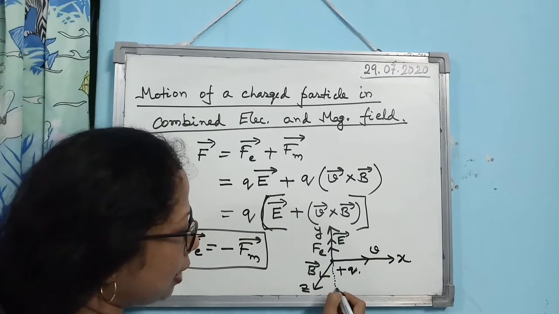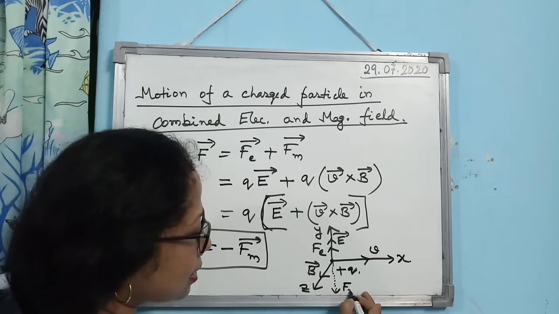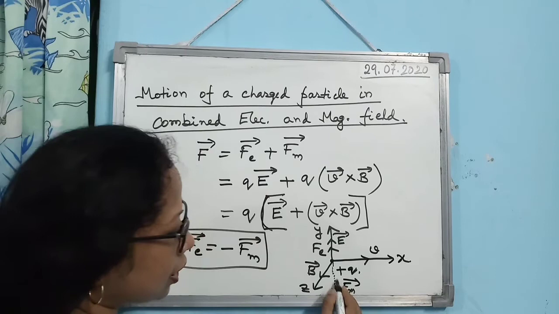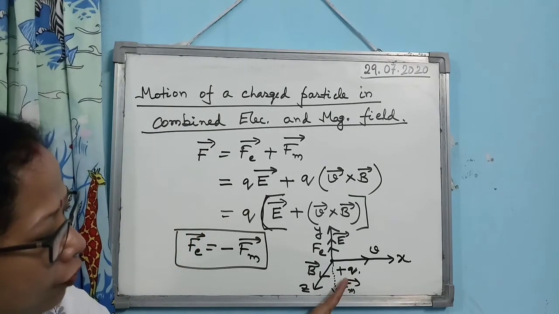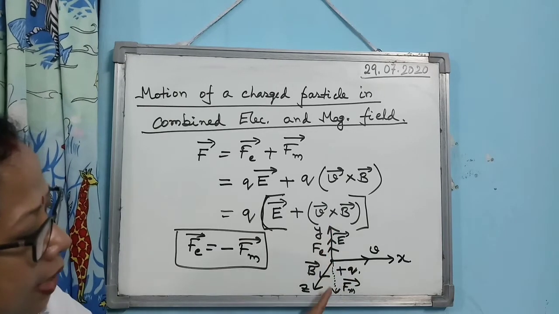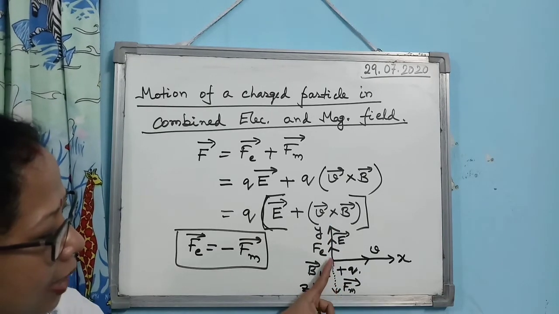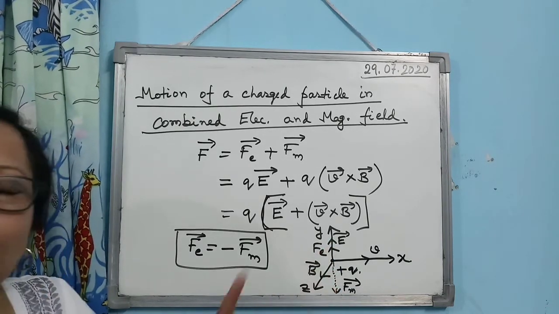V cross B will act along minus y-axis. Means this is the direction of Fm. Alright, this is the direction of Fm. Now look at it. Fe is along positive y-axis, whereas Fm is along negative y-axis. So these two directions are opposite.